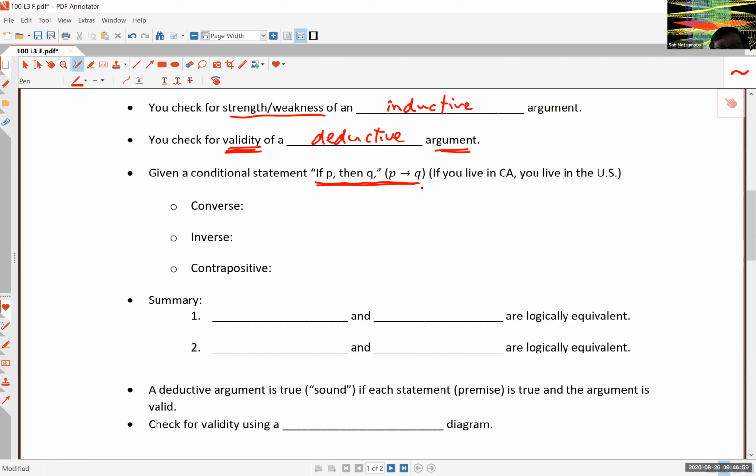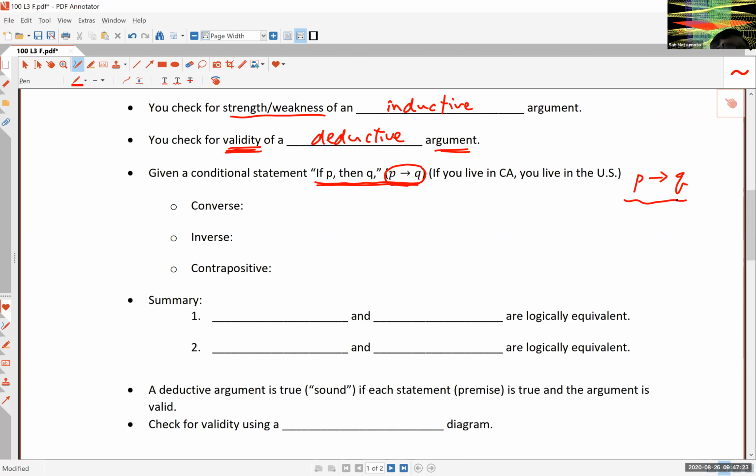If P, then Q. And here's a notation. This is a generally accepted universal notation for if P, then Q. Basically it says P implies Q, or P is sufficient for Q. Or you can also say Q is implied by P, or Q is a necessary consequence of P. There are all kinds of ways to read this, okay?